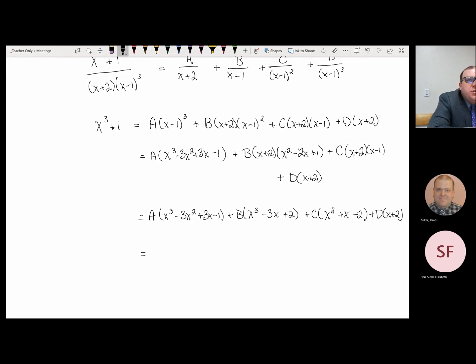Right, now group together like terms. X cubed, a plus b. X squared, negative 3a plus c.